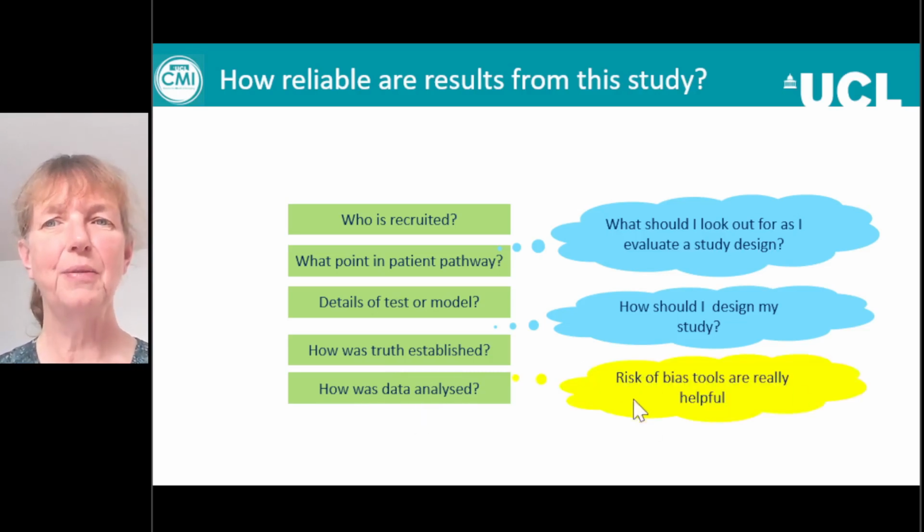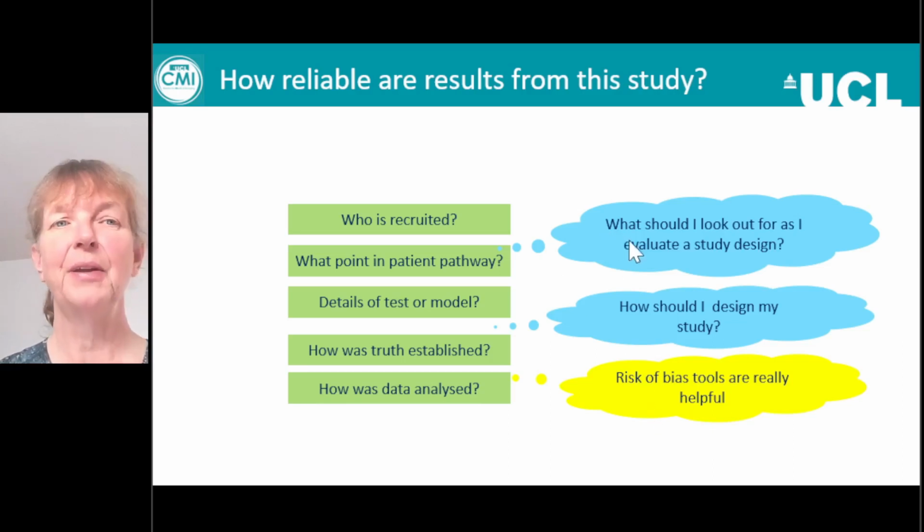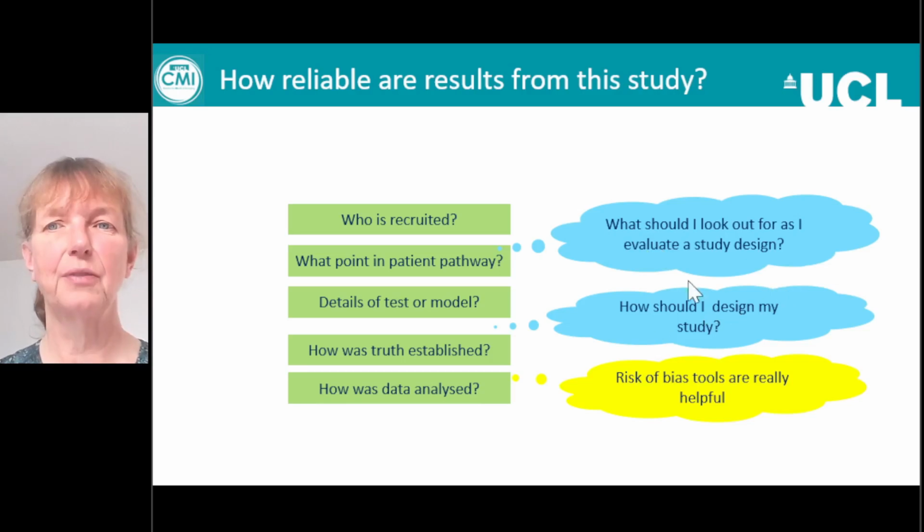And this is where it's really helpful to look at risk of bias tools. These tools were designed to be used in systematic reviews, but they're also really useful for critical appraisal of articles that you see in the literature, and also when you're designing your own study, have a look at those risk of bias tools.